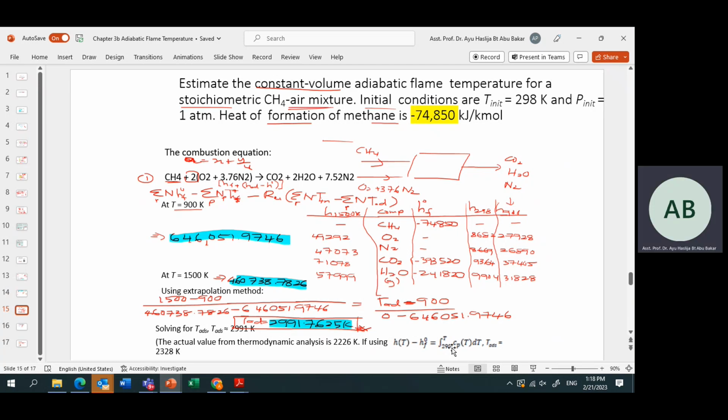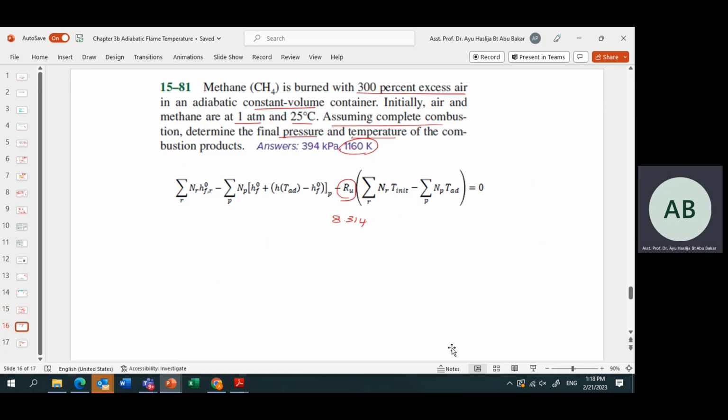Okay, so for those who are done, try to proceed with this. This question is from the textbook as well. Okay, you can pick a few questions in the textbook and try to do it.